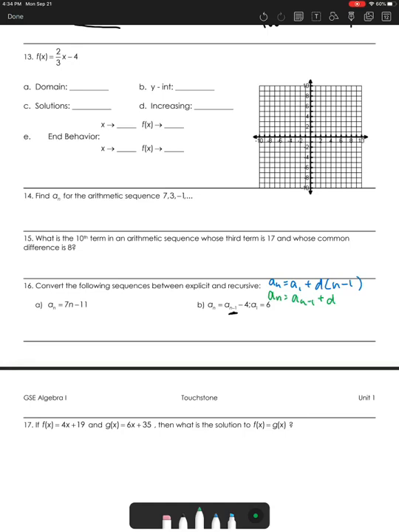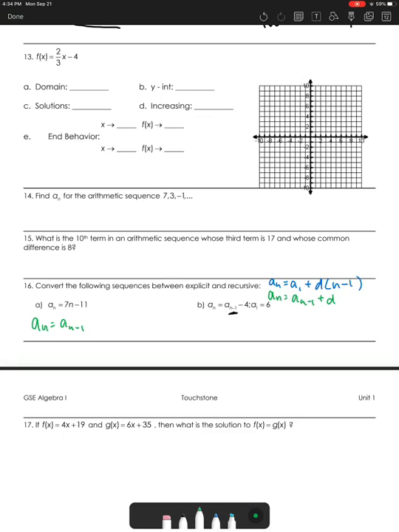Okay, so if we need to write a sub n equals 7n minus 11 as the recursive formula, we need to find the common difference, right? Because all of this, a sub n equals a sub n-1, is going to stay the same.